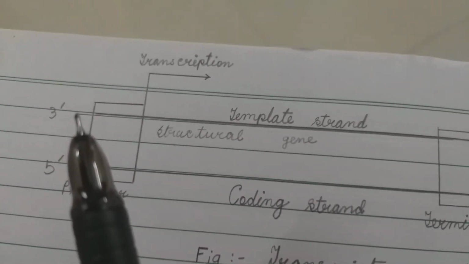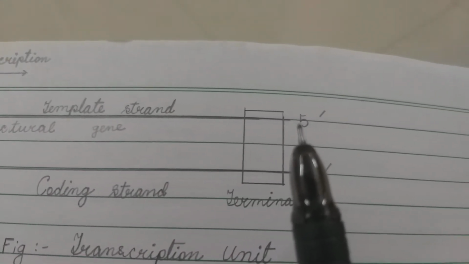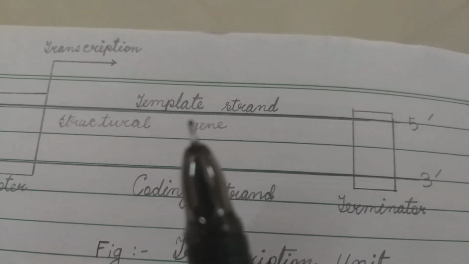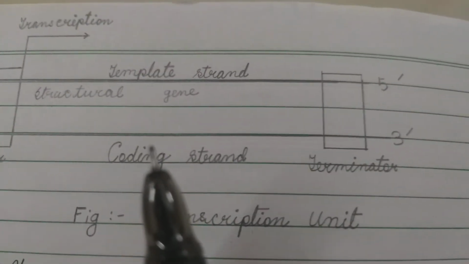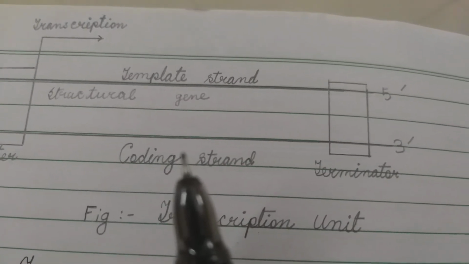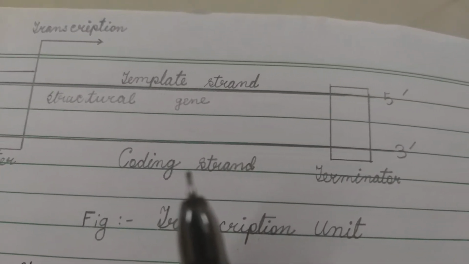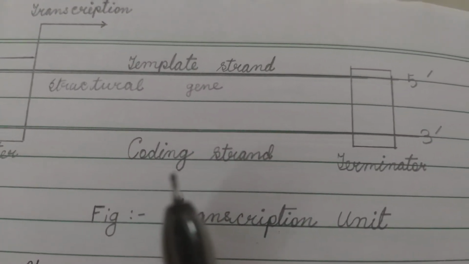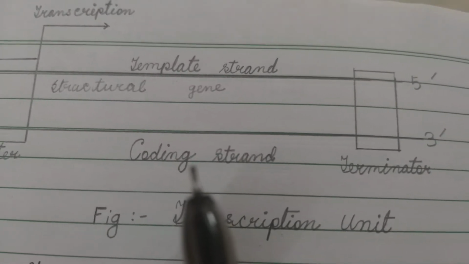Now, the 3' to 5' DNA strand synthesizes the RNA. The 5' to 3' strand does not form any kind of RNA. It does not act as a template. The 5' to 3' strand is not used for synthesis of RNA.